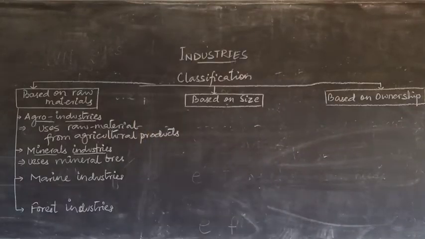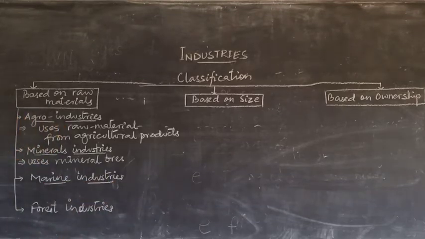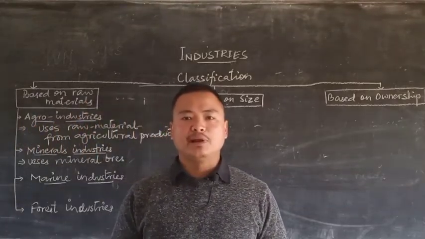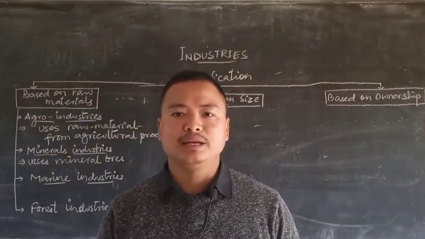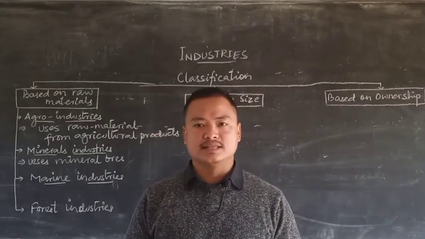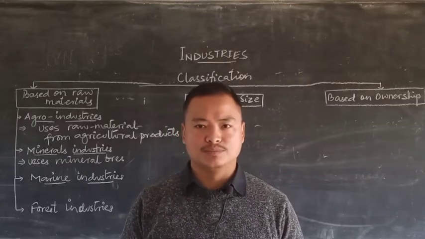The third type of industry under this category is marine industry. When we say marine industry, it is completely based on the raw materials that are extracted from the oceans or from water bodies.